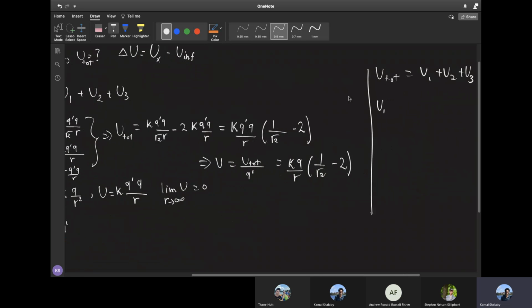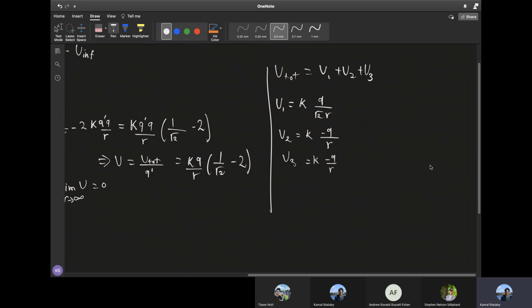So V1 is equal to kQ over root 2 R, V2 is equal to k times minus Q over R, and V3 the same thing. So now V total is equal to kQ over R, take that outside, times 1 over root 2 minus 2, which is exactly the same.